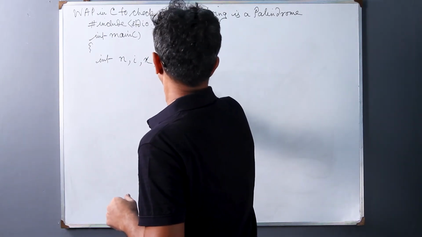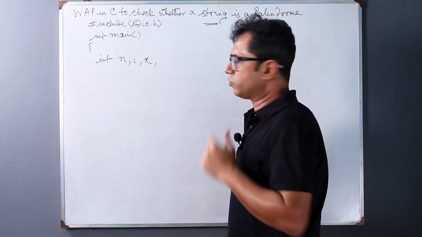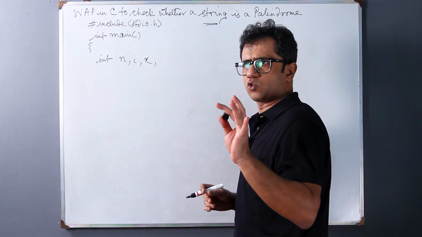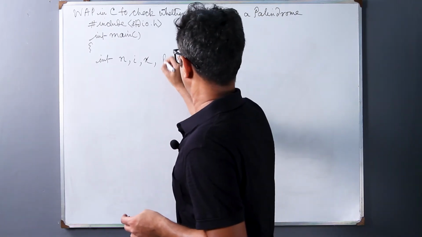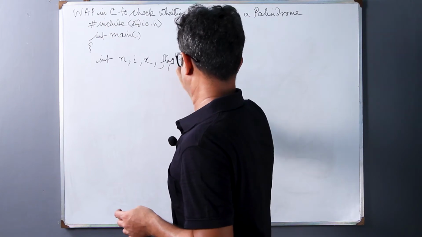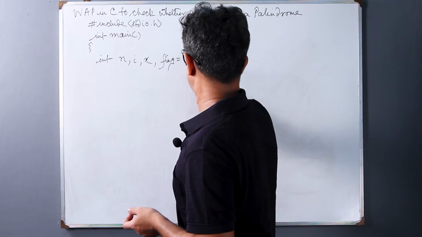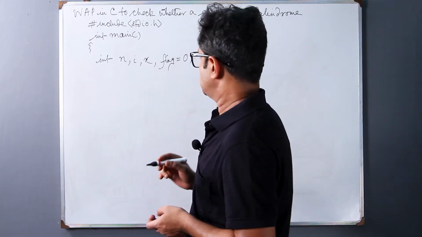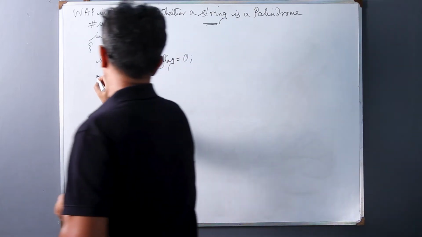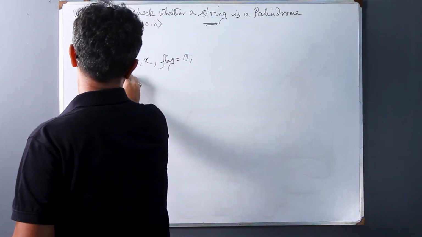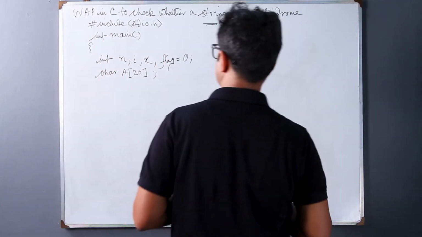Then we have to take the help of a flag variable, which is a control variable, and this control variable will take care of some situation for the palindrome checking part. Let it be named flag, which we initialize to the value 0. And now we take a character array, char A[20], containing 20 places.